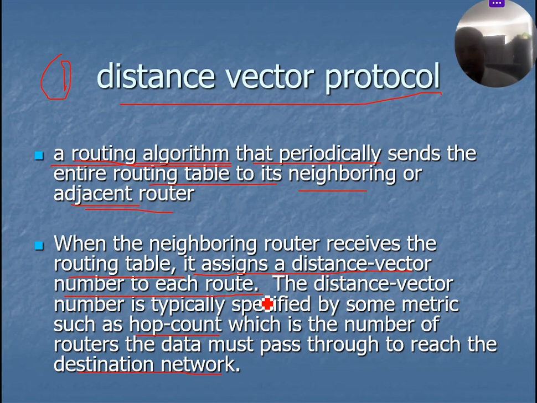When the neighboring router receives the routing table, it has to assign a distance vector number to each of the routes. This distance vector number is typically specified by some metrics, and one of the metrics normally used is the hop count, the number of routers the data packet must have passed through before it gets to its destination.